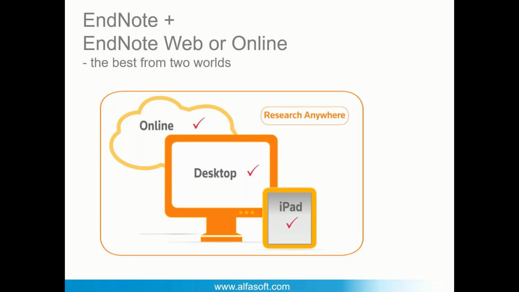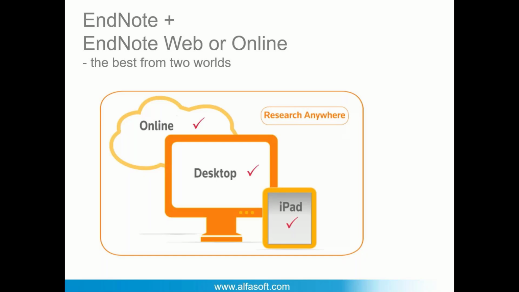You can use your EndNote locally installed on your computer. You can sync that information to your EndNote Web account, which means you just need a web browser to access it if you want to. By syncing that, you can also sync it to other computers.